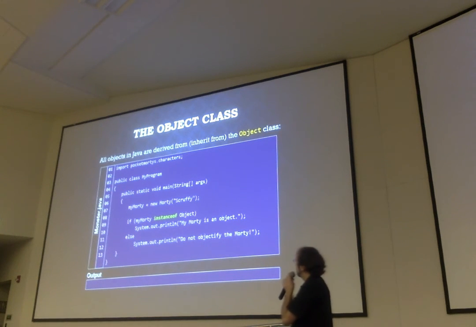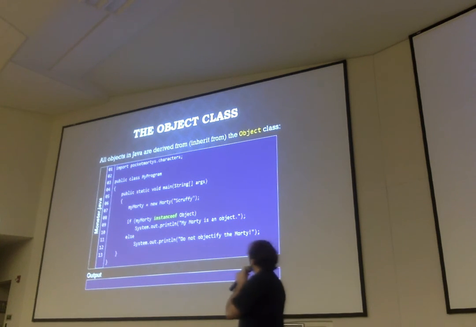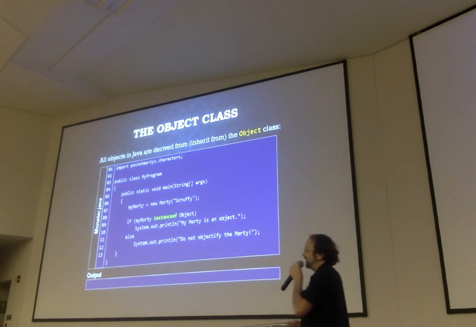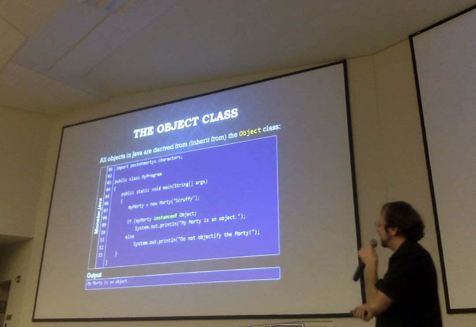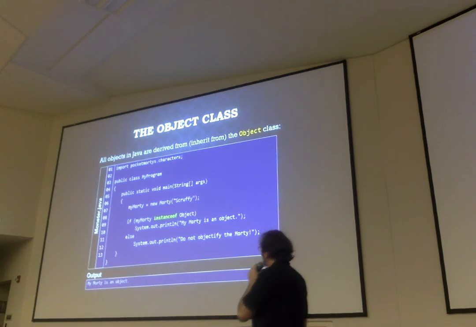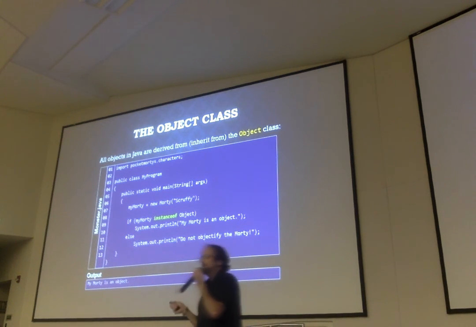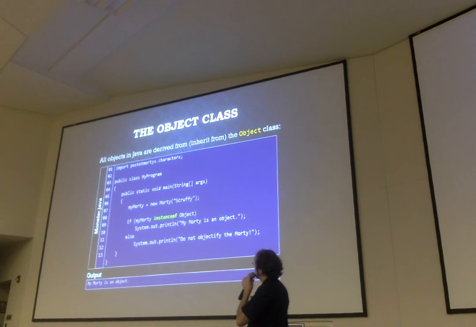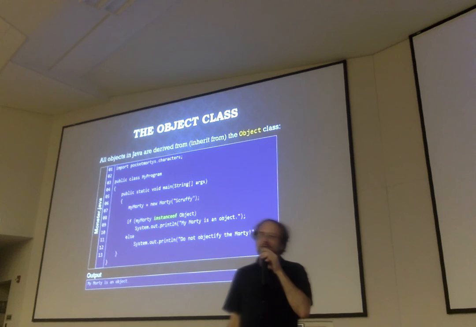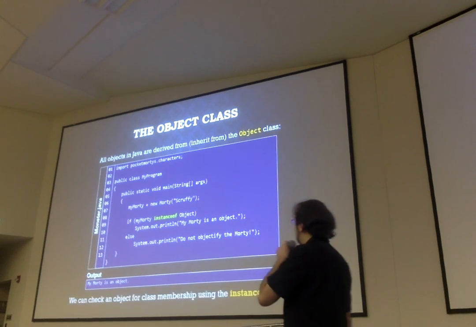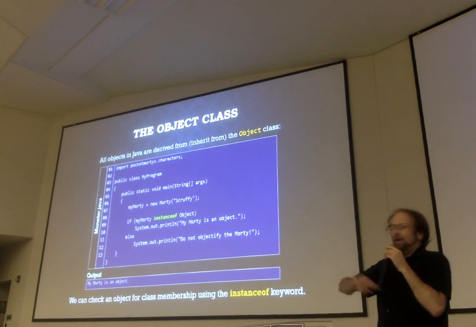If it is, I can print my Morty as an object, and if it's not, I can print do not objectify the Morty. And it's going to print out, in this case, my Morty as an object, because everything that is not a primitive is an instance of Object. It is a member of the Object class. Okay, any questions?